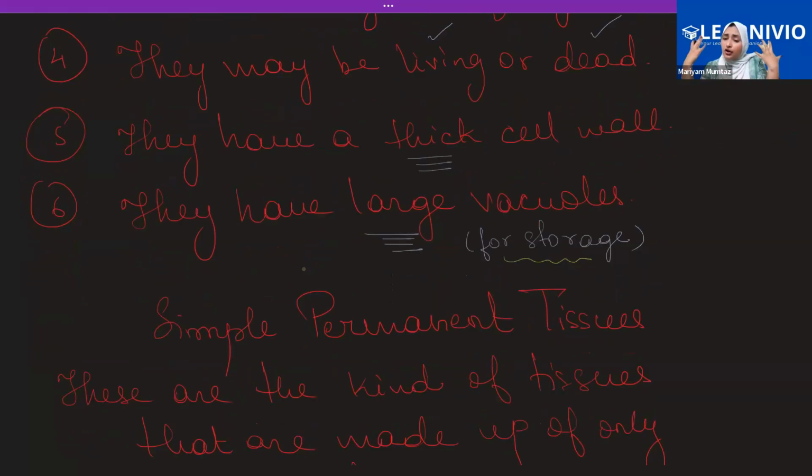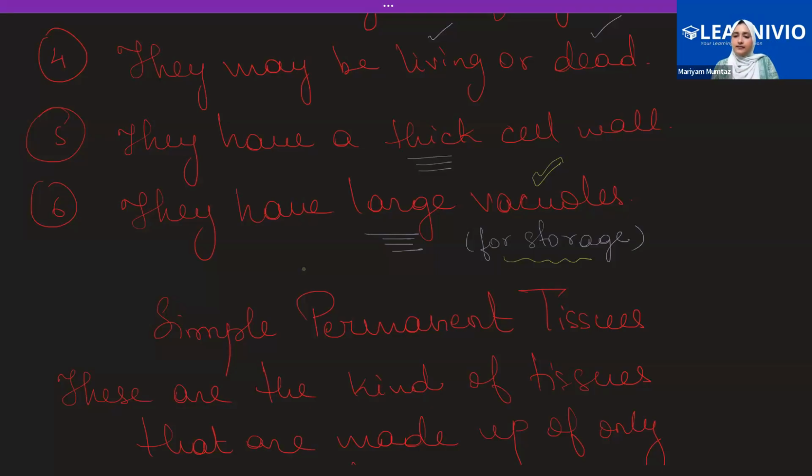They will store a lot of stuff, and for that they would require the vacuoles. So these vacuoles will be responsible for storage, and the permanent tissues will have big size vacuoles. Whereas the meristematic tissues might have a vacuole, they might not, that depends. But here it is fixed that yes, they will be having a vacuole present.